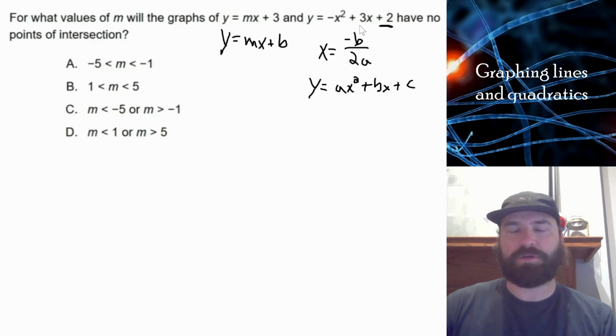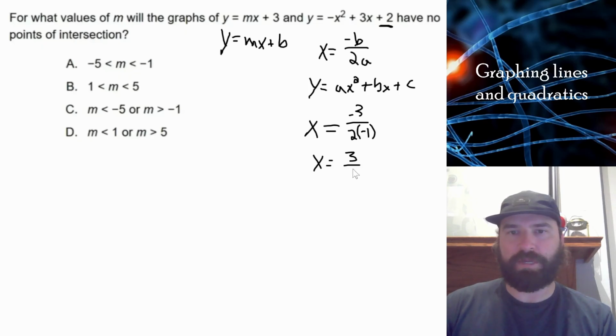So if we look at this equation right here, we can figure out our axis of symmetry by doing x equals negative b, which is 3, over 2 times a, and our a is going to be negative 1 in this equation, which will give us an axis of symmetry of x equals positive 3 over 2 after the negatives cancel.